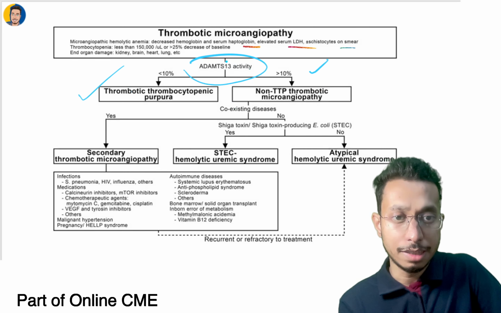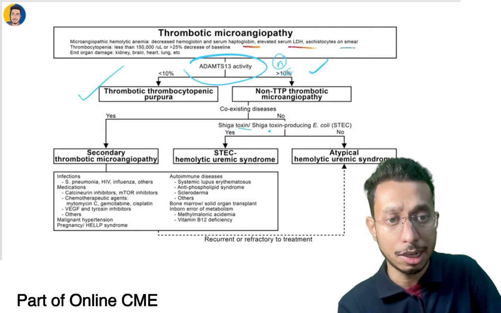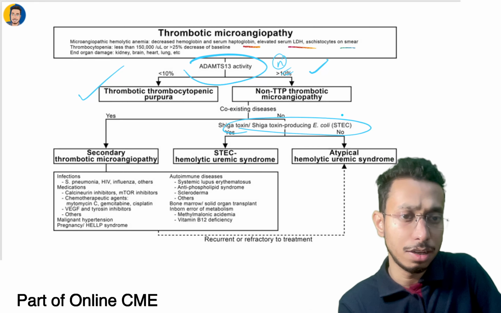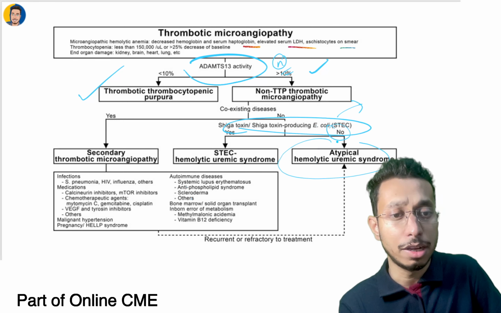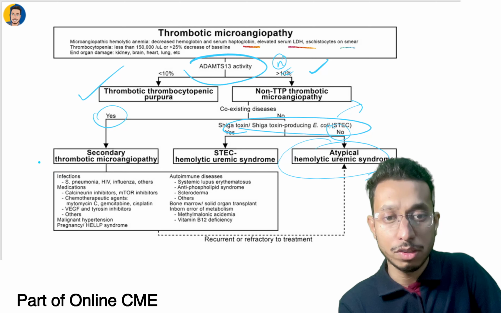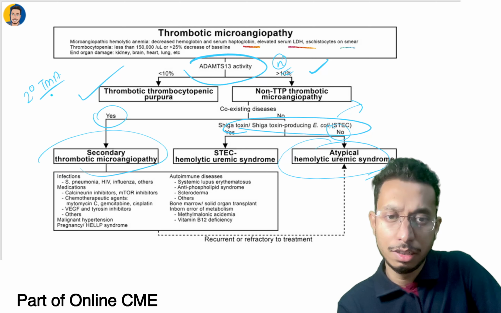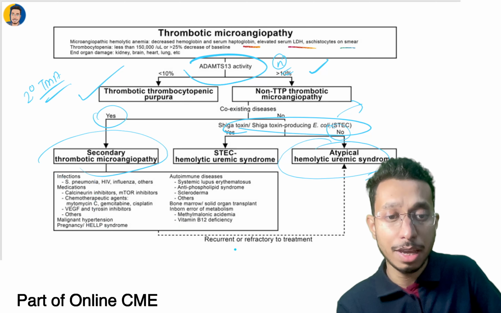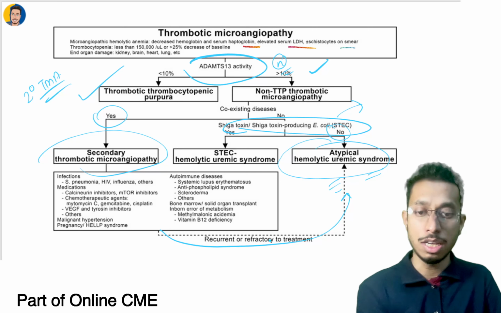If ADAMTS13 activity is normal, check whether a coexisting disease is present or not, whether it is Shiga toxin associated, which is mainly in children. If it is no, consider it to be atypical hemolytic uremic syndrome. And if a coexisting disease is present, consider it to be secondary TMA. Sometimes this secondary TMA can be recurrent. That time you need to again evaluate for atypical hemolytic uremic syndrome.